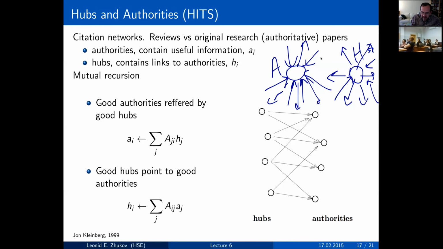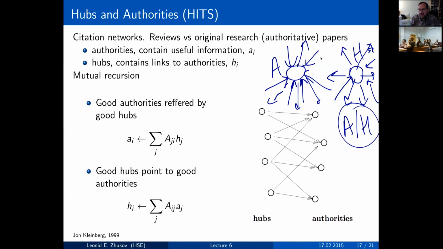So for every paper, you can think of two scores: how much the paper is authoritative and how much it's used as a hub. So then there is a sort of idea, okay, well, a good review should point to good papers.